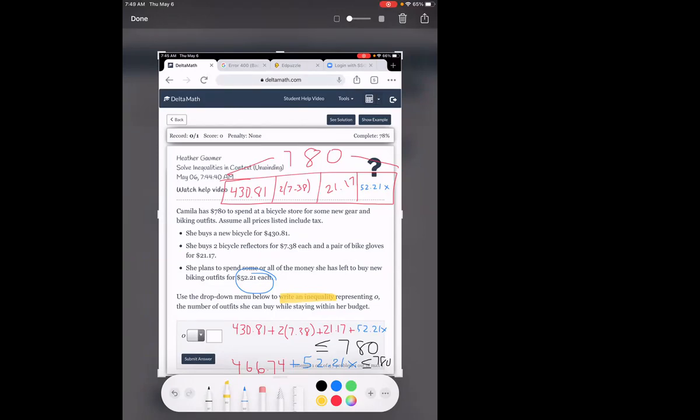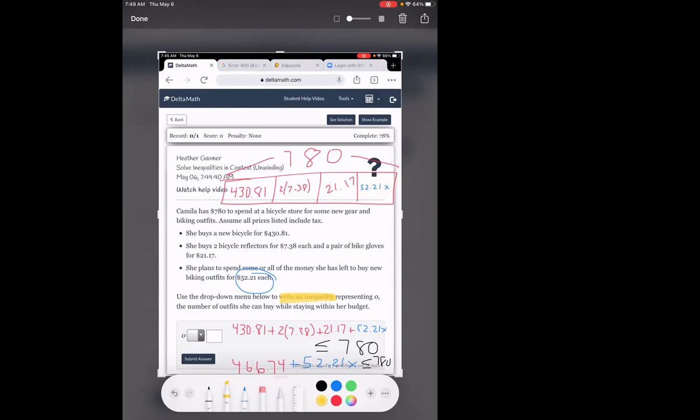So now in my calculator, I'm going to type in 780 minus 466.74. And I got 313.26, which then I divide by 52.21. All the math is the same as the equation. And I get that x is less than or equal to 6 when I solve that.